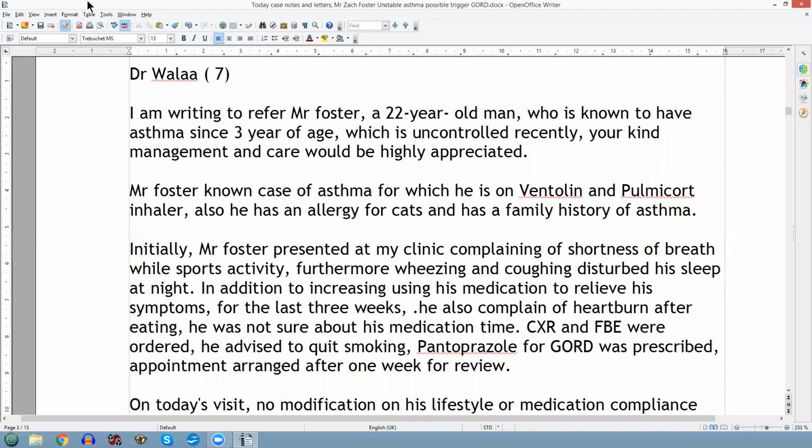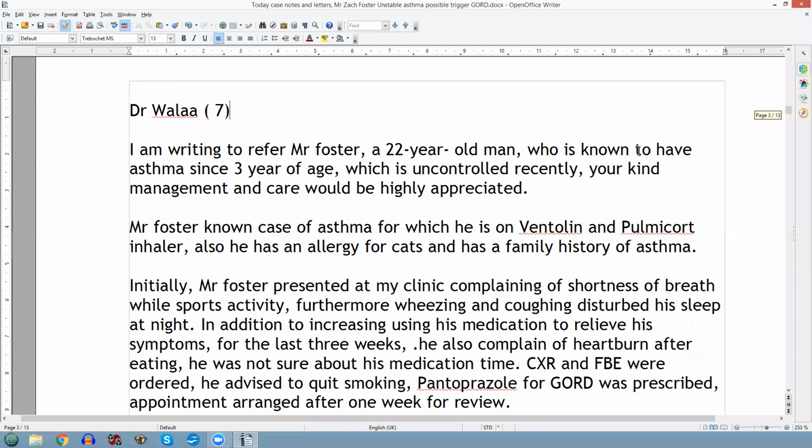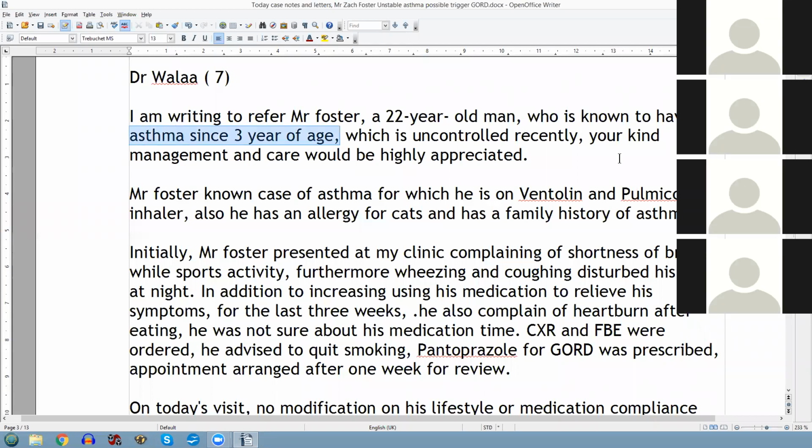So, "writing to refer Mr. Foster." Refer Mr. Foster to whom or to what? "22-year-old man who is known to have asthma, or is known to have had." Why would you put this information at the start? "3 years of age." Shouldn't that be in the medical and social history section?